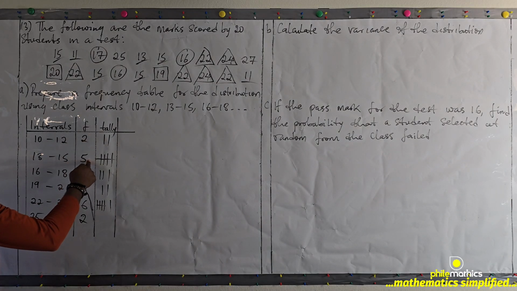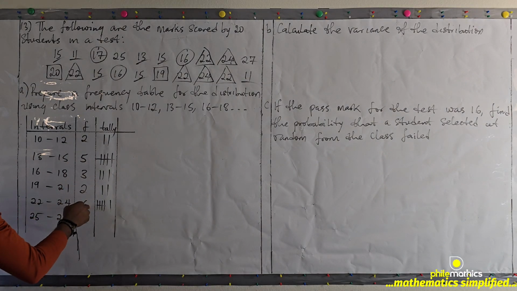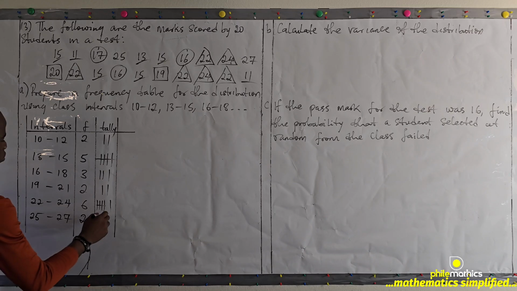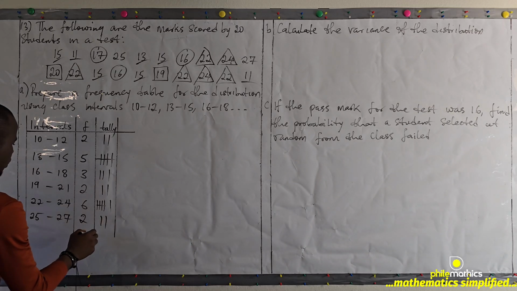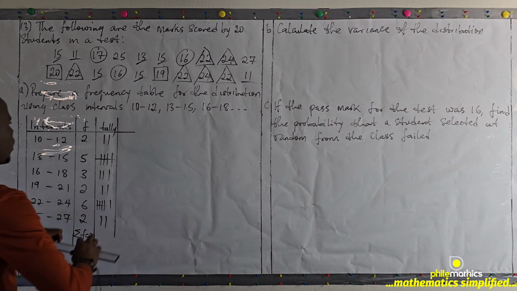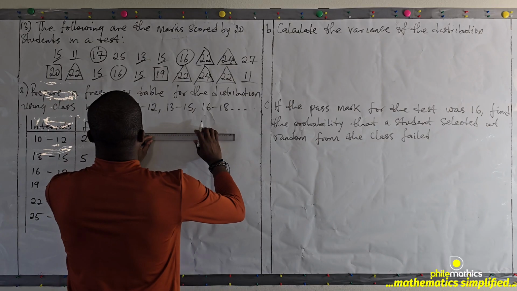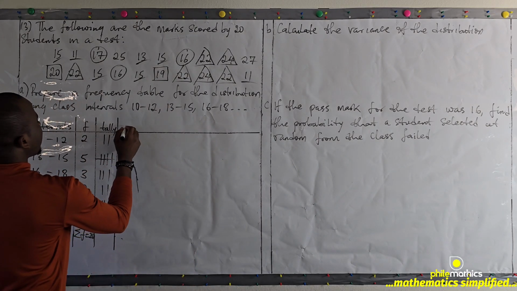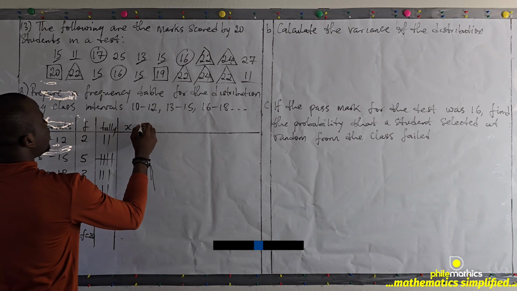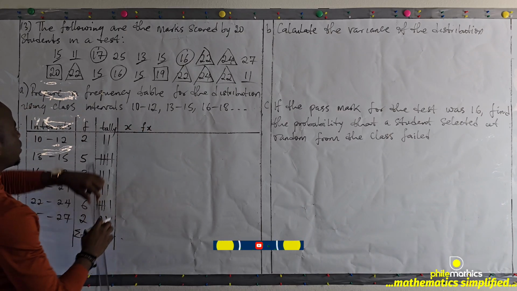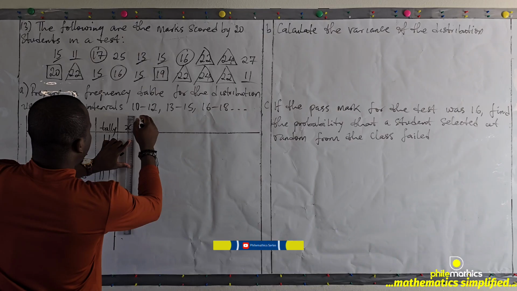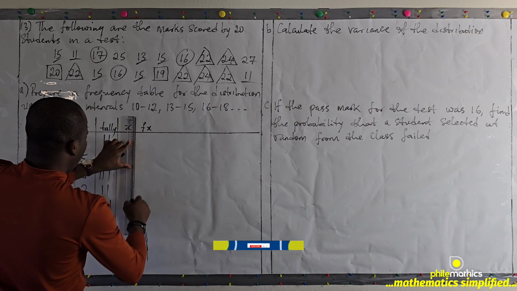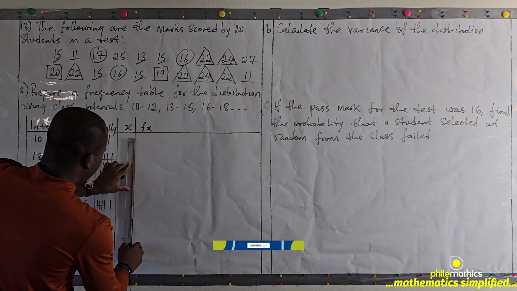This is 7, 10, 18, 20. So our total frequency, summation of f, is 20. So let's extend this to put other things we need. We will need x and we need fx to find our mean, which will be useful in finding the variance.